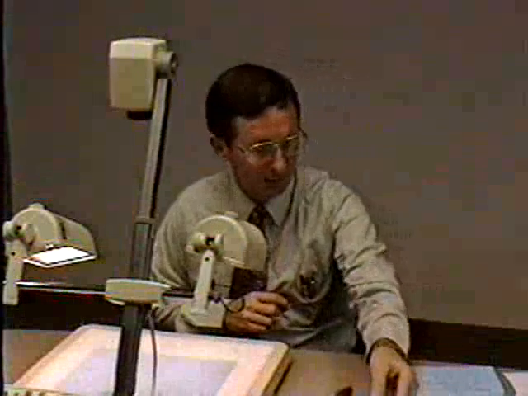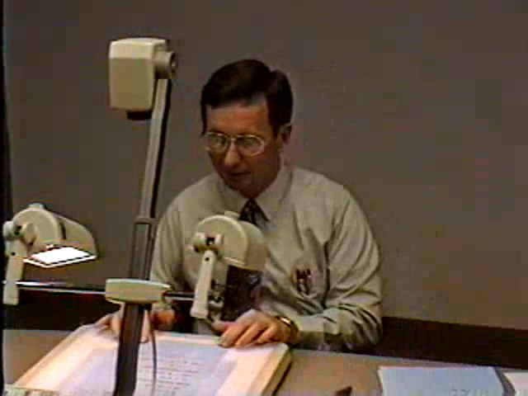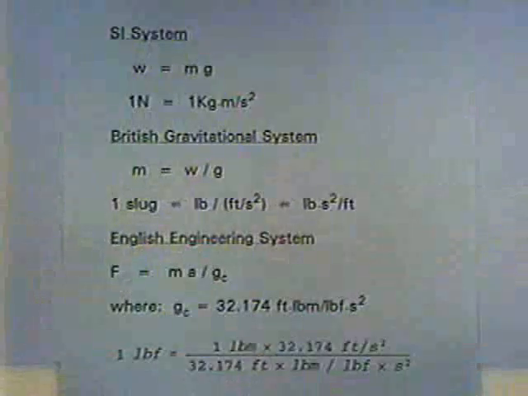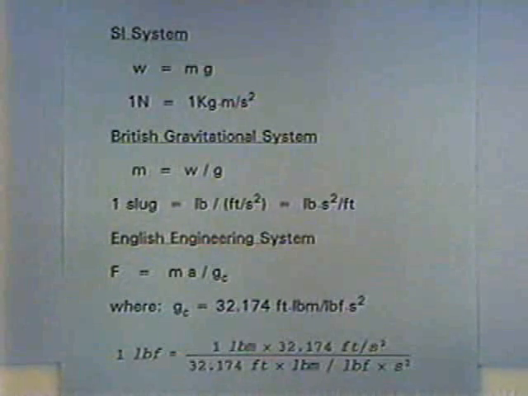So using that to define our units, if you're in the SI system, you can define mass in terms of a kilogram, and then the acceleration units are meters per second squared, and then that gives you weight being a newton, and 1 newton is equal to a kilogram times a meter per second squared.